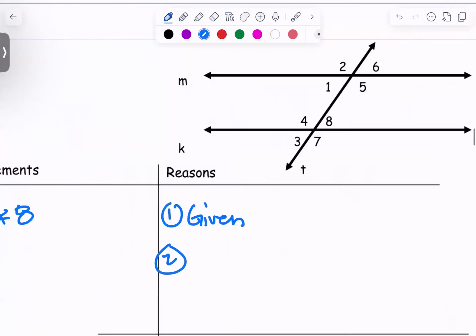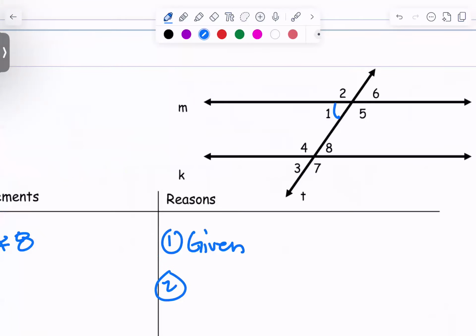So if angle 1 and angle 8 are congruent, what do I know? Five and four are congruent. Why? Because alternate interior. I don't know that those two lines are parallel yet, though. Because they're a linear pair.